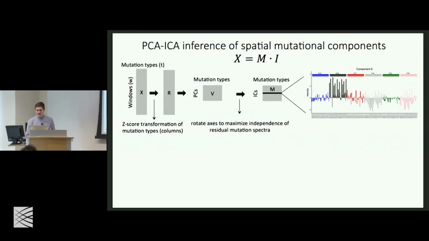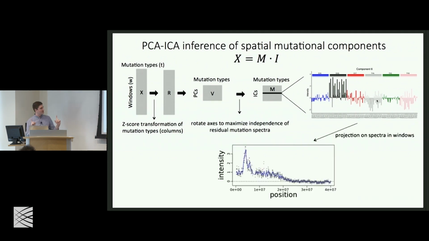And bars of different shades indicate mutation rates of complementary mutations. And then we can project this predicted spectrum onto a spectrum observed in a window and get the expected intensity of this process. And here, this is real data. This is the intensity of this process predicted along one of the chromosomes.